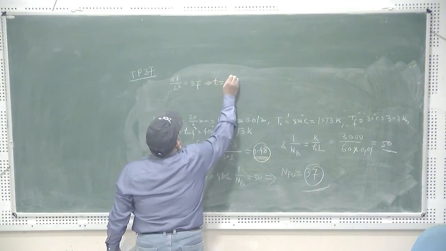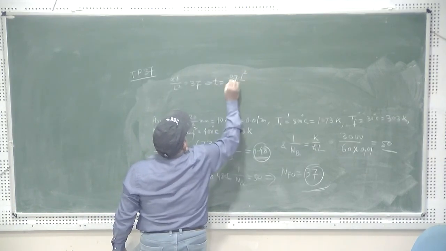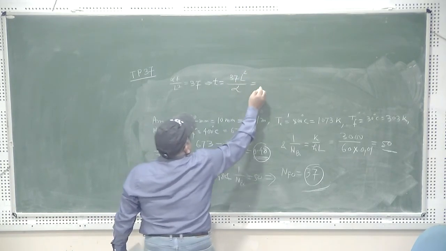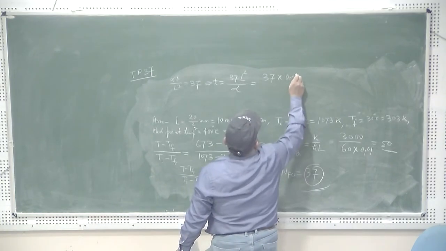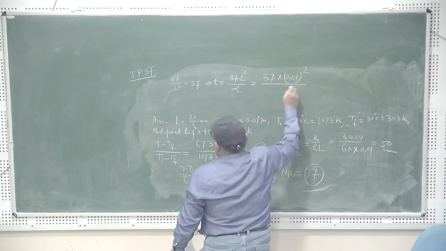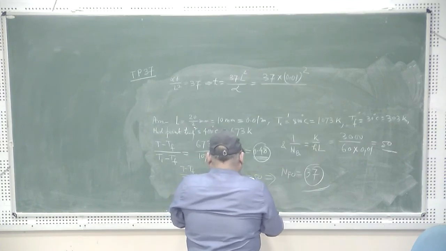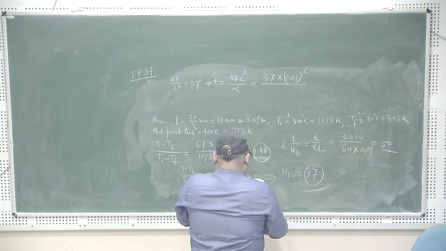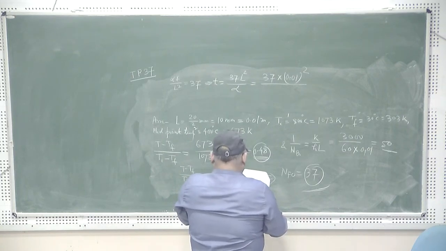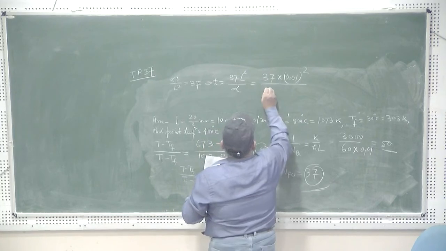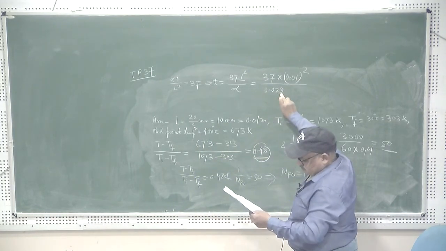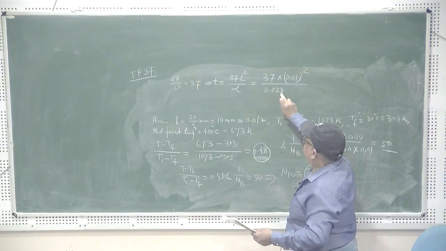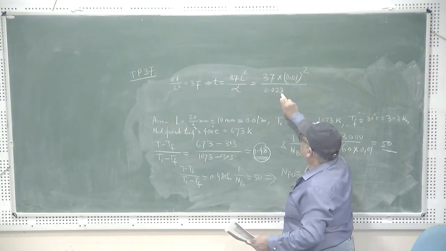So t is equal to 37 into L square by alpha, that is equal to 37 into L, that is 0.01 meter, whole square, divided by the alpha value, 0.023, but this is in terms of meter square per hour. So you have to convert it into meter square per second.